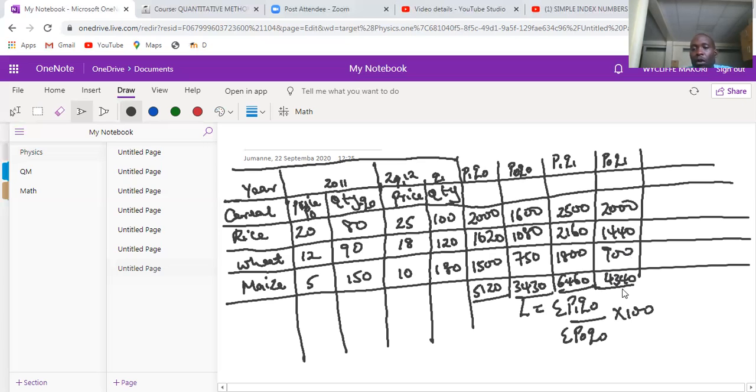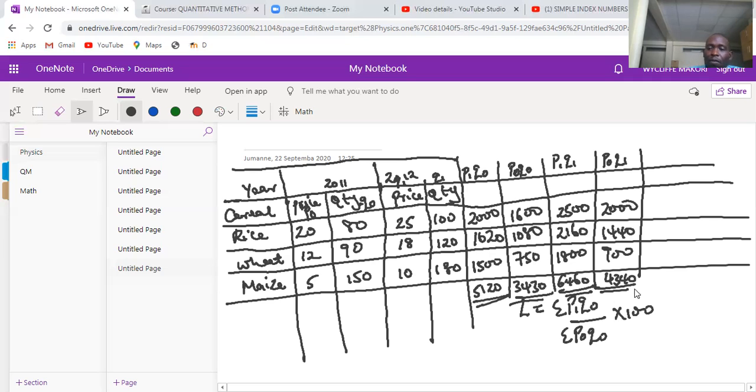And the moment you have got these values, then you are good to go in terms of calculating those index numbers. So basically, you need to note that the sum of P1, Q0 is this, the sum of P0, Q0 is this, the sum of P1, Q1 is this, and the sum of P0, Q1 is this. So you need to come here.